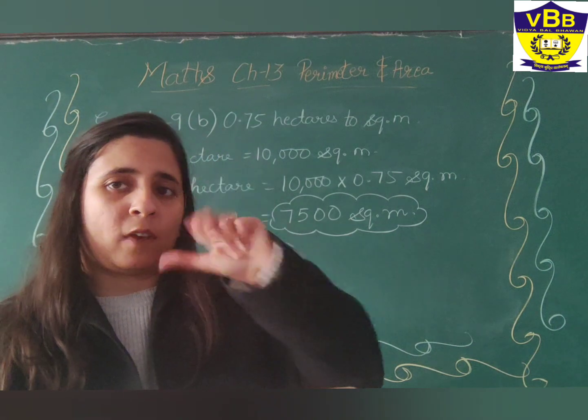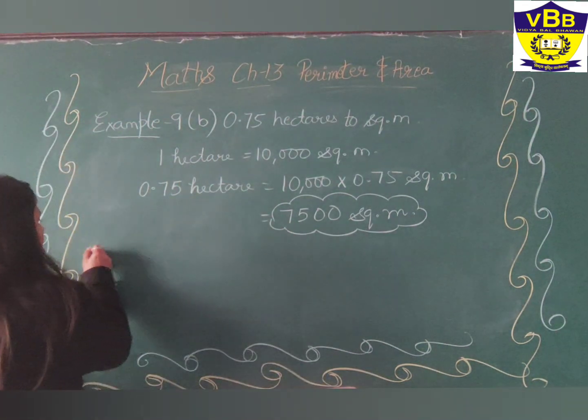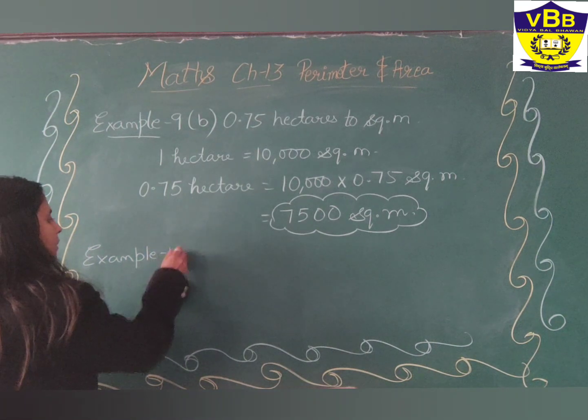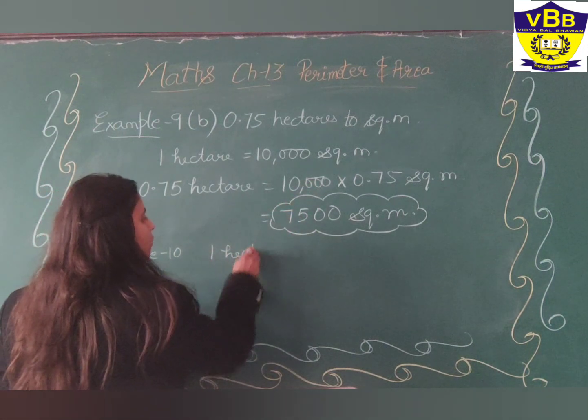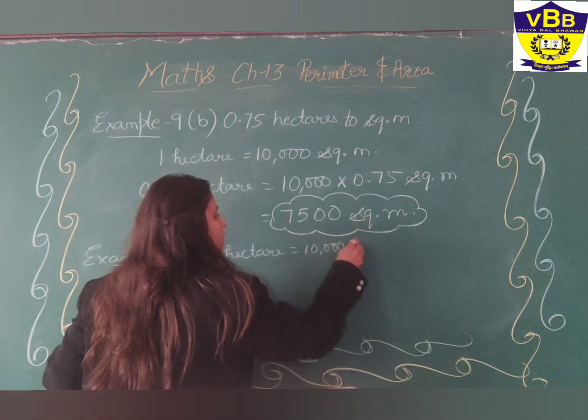So he has 5 children, and he has a land of 10,000 square meter. 1 hectare is equal to 10,000 square meter.